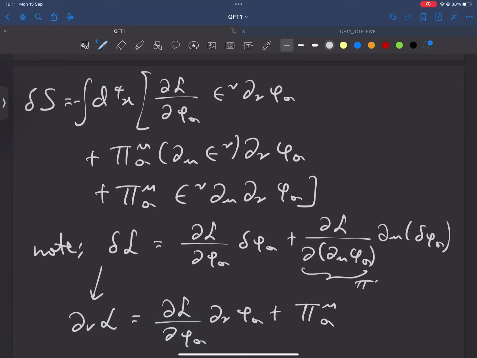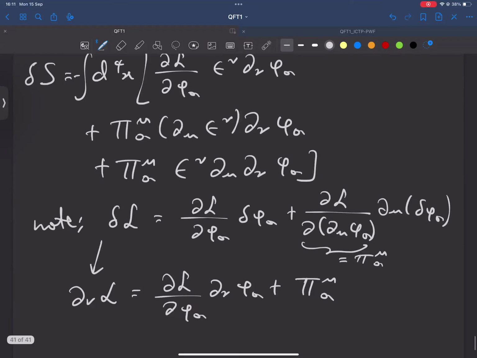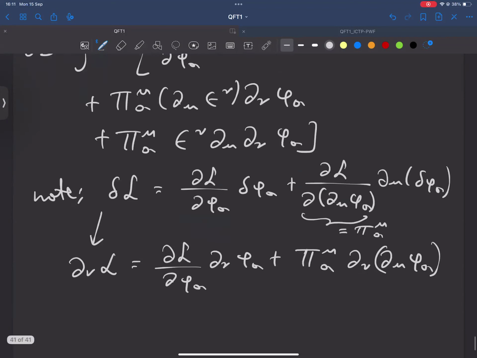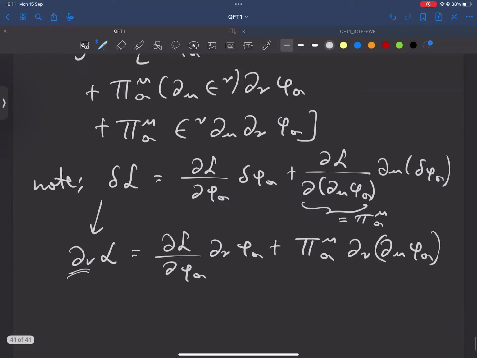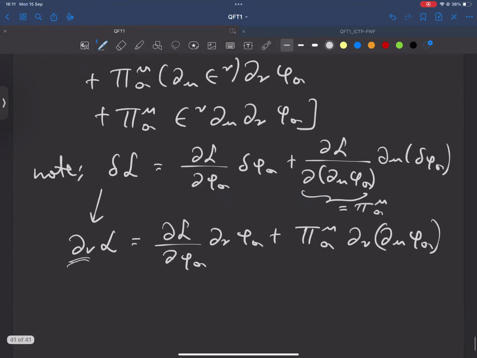Okay, this is pi, del mu phi a. So I used the variation of the Lagrangian to write down the variation of the Lagrangian with respect to a space-time derivative as this. And this is again just writing total derivatives out.